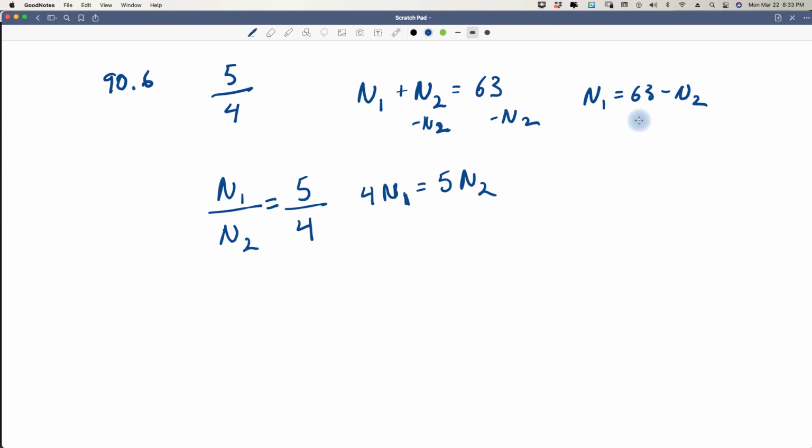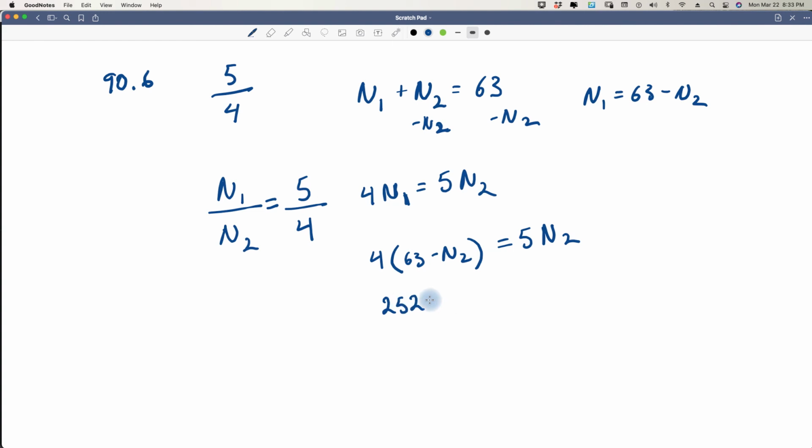Awesome. So now we can sub n1 in here. We can say 4 times 63 minus n2 equals 5 times n2. And then we'll distribute, and 4 times 63 is going to be 252.